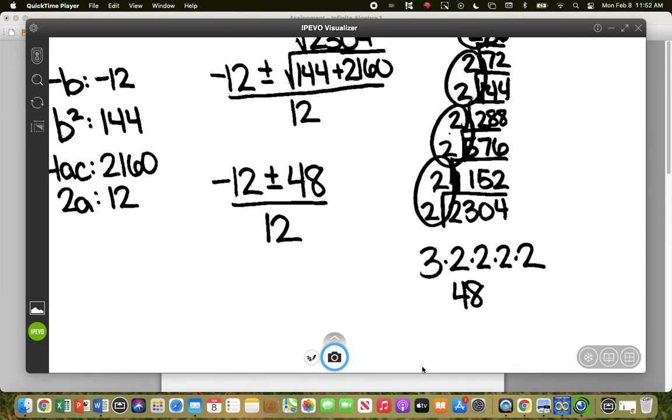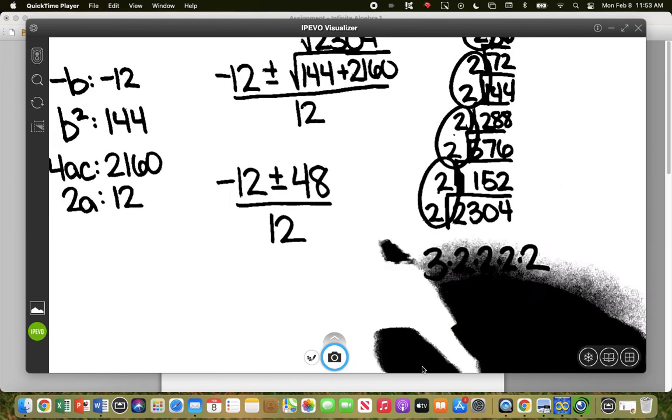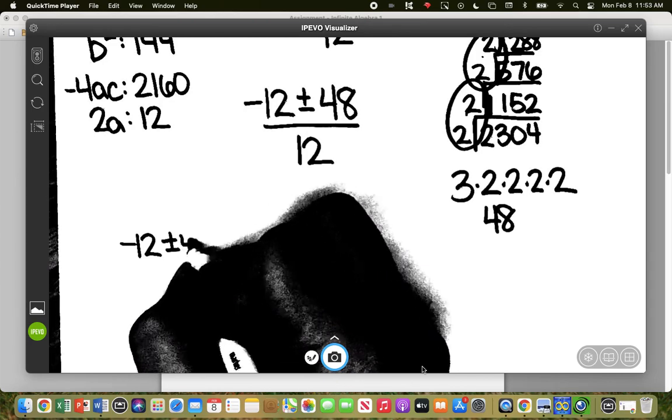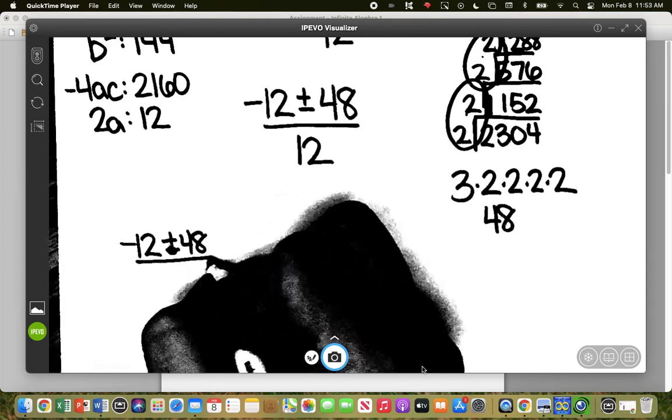So I do want to show you guys something. Ben actually just made a really good point. Do you guys notice that you could reduce this already? So if you reduce this, you can reduce first, or you could just add and subtract here and reduce each answer. So some of you maybe do this. Some of you maybe are going to take negative 12 plus 48 and divide it by 2.